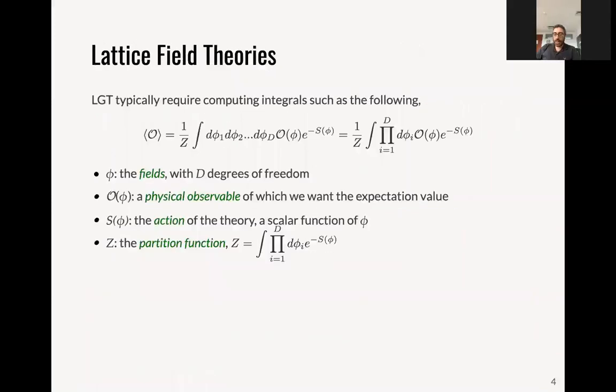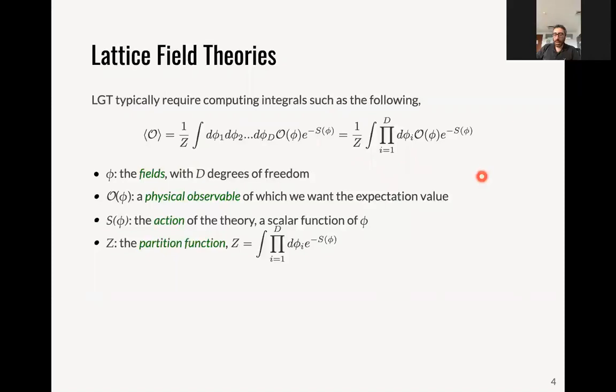To do that, I want to introduce some concepts. We've also done this in some previous lectures, but just to get the notation down. In lattice gauge theories, we typically require computing integrals such as the following. Here we've already Wick rotated this so that you have a real probability. What you want is to integrate over the field variables with some weight, e to the minus the action, and some observable, and this defines the expectation value of the observable.